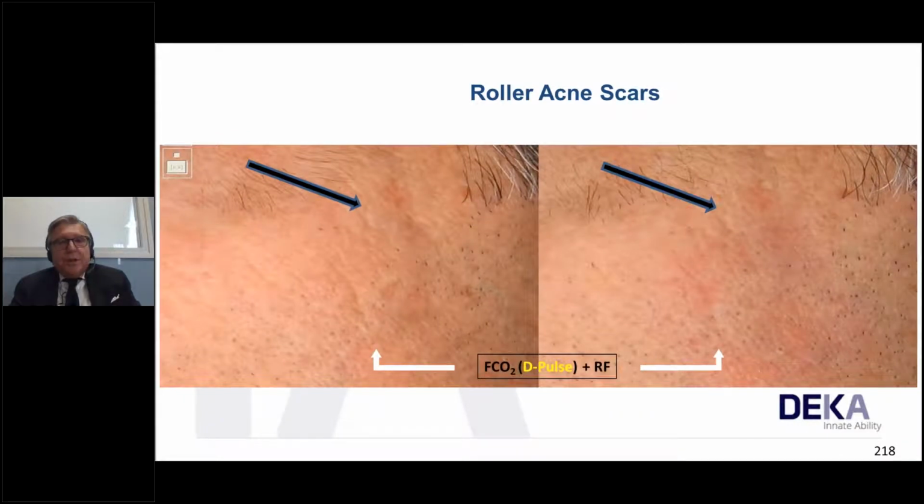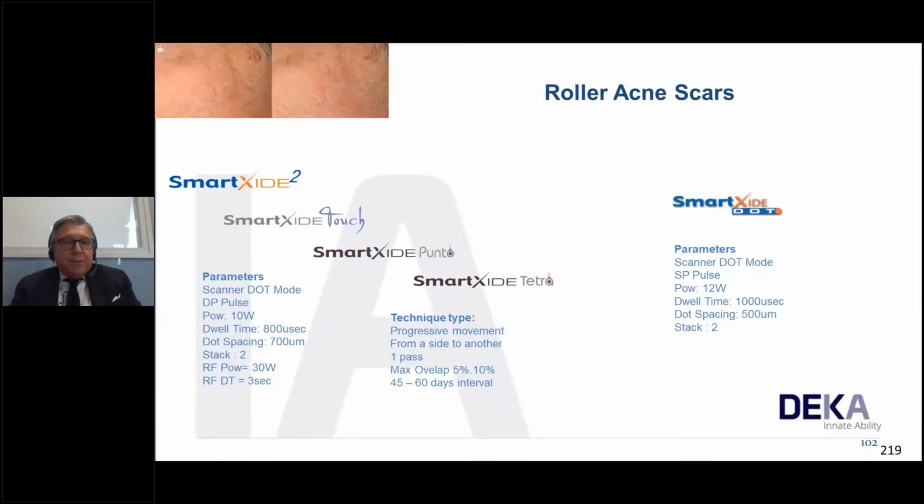We can treat the rolling acne scars with these parameters. You see on the left, the new parameters with the new platform, DP pulse as usual, power 10, dwell time 800 microseconds, dot spacing at 700 microns, stack 2, radiofrequency 30 watts, and dwell time 3 seconds.